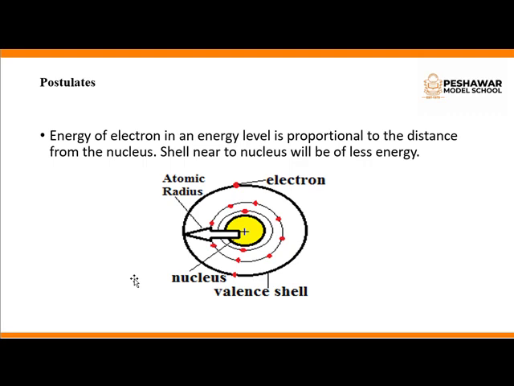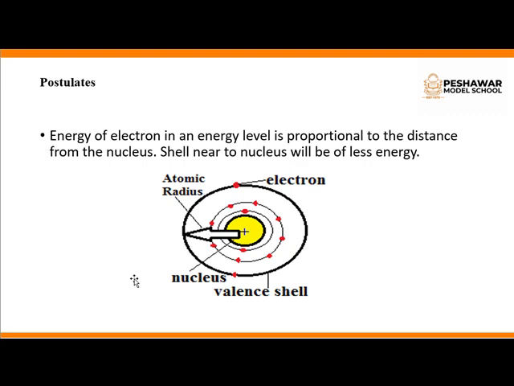The second assumption says that the energy of an electron in an orbit is proportional to its distance from the nucleus. The farther the electron is from the nucleus, the higher will be the energy. It means that the K shell, which is near to the nucleus, will have lower energy, while the L, M and N shells have higher energy than the K shell.